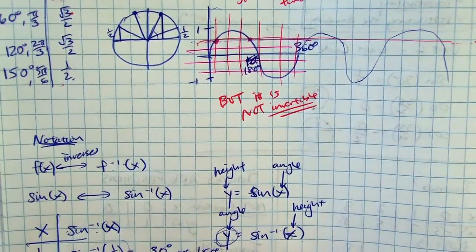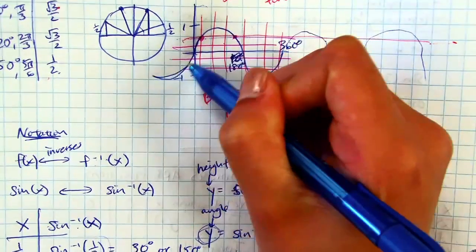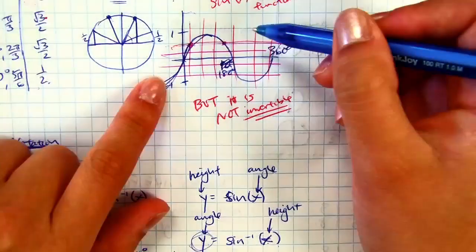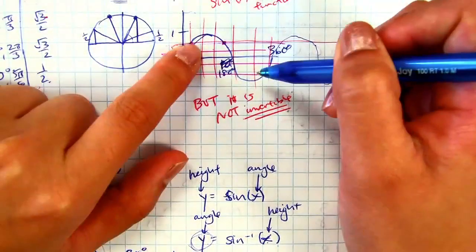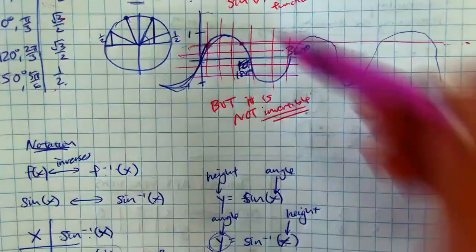That means we're going to restrict part of our graph. So let me extend my graph of sine here. So this is actually a convention, because if you take a look at the sine graph, what parts of the graph can I choose such that there will not be multiple heights?